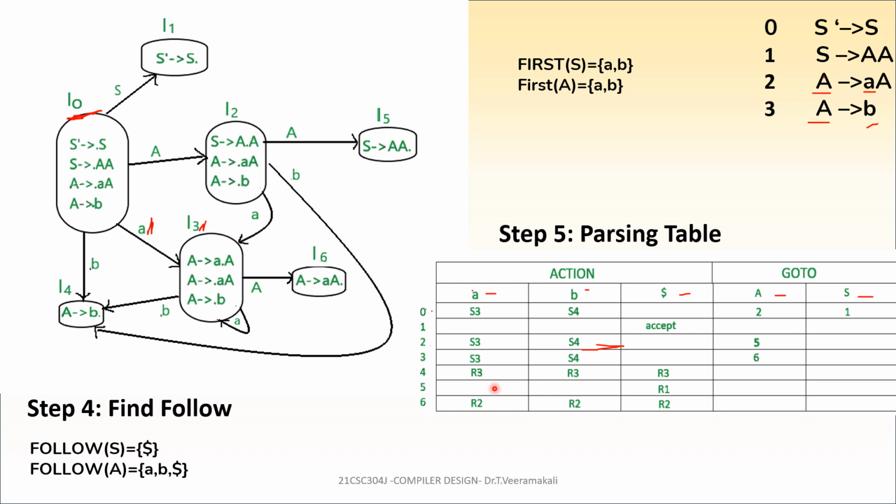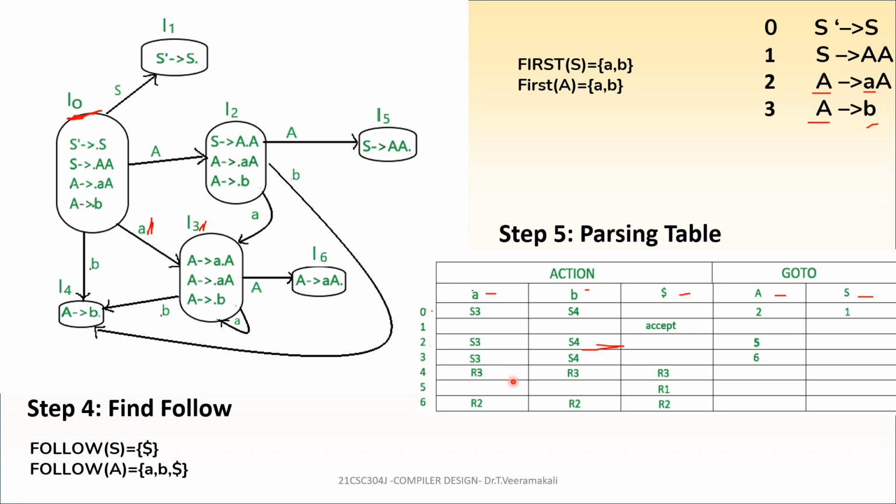Okay, so if you are in I4, you don't have any state transition, what you have to do? From I4, what is the production rule we have? We have A tends to B. So what is the number we have? We have 3. So you need to represent R3 in the box.